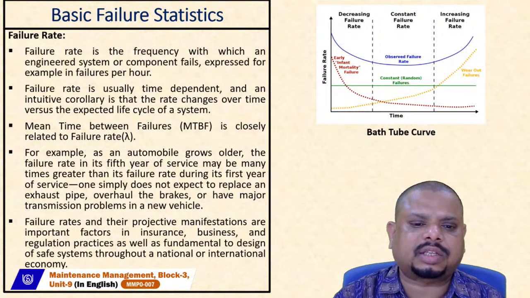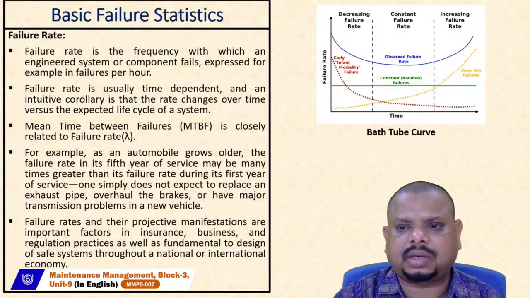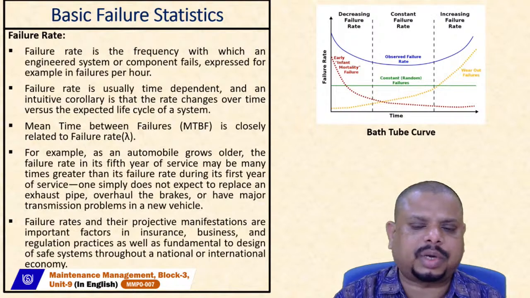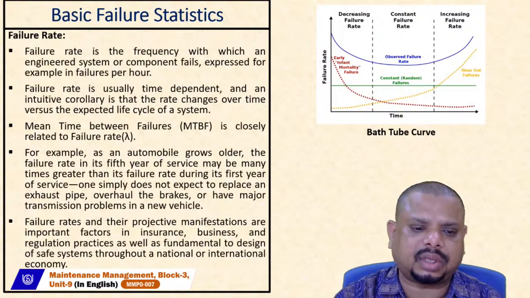One simply does not expect to replace an exhaust pipe, overhaul the brakes, or face a major transmission problem in a new vehicle. So let's understand failure rate with the example of a car which is purchased initially: the rate of failure in the first year is lower compared to the failures that occur in the fifth year.